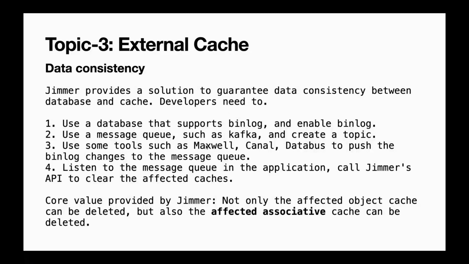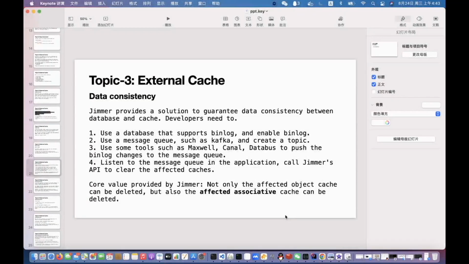Use some tools such as Maxwell, Canal, Debezium to push the binlog changes to the message queue. 4. Listen to the message queue in the application, call Jimmer's API to clear the affected caches. Core value provided by Jimmer: not only the affected object cache can be deleted, but also the affected associative cache can be deleted. Okay, let's switch to IntelliJ.